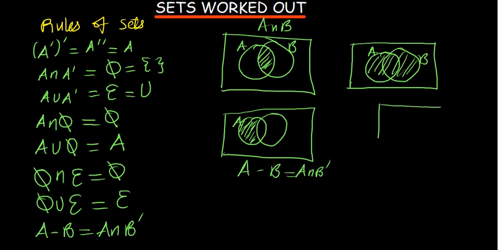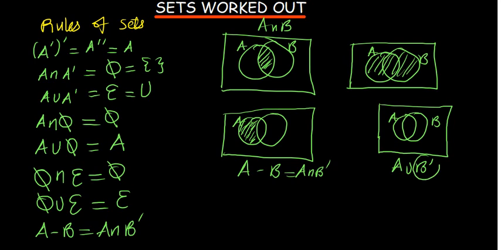But what if it changed from being A intersection B complement to A union B complement? How would it change when you are shading? So here is the set A and here is the set B. Remember, you're talking about B complement. So I can first shade B complement.